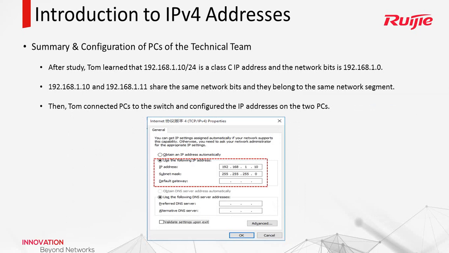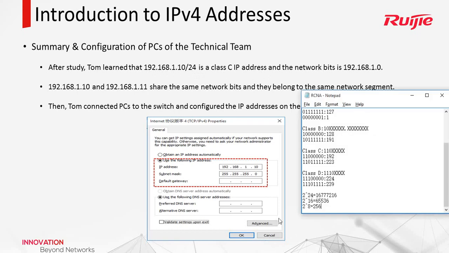Okay, now let us have a summary. Today we learned the IPv4 address. After learning it, Tom decided to configure the IP address. He wants to use 192.168.1.10/24 as the IP address for Jack. So now let's do it.